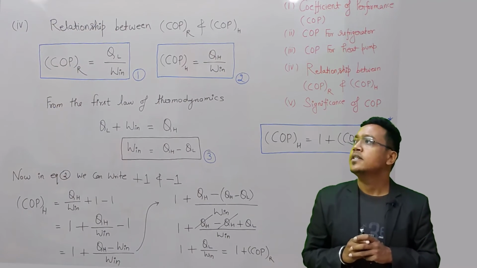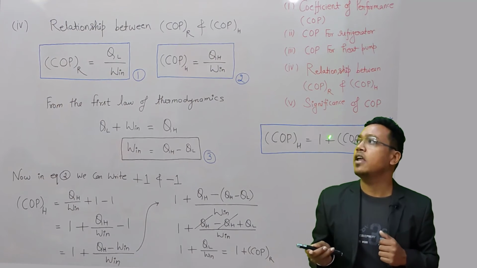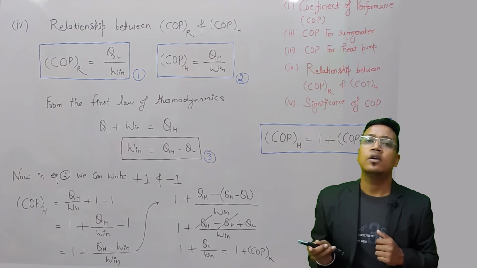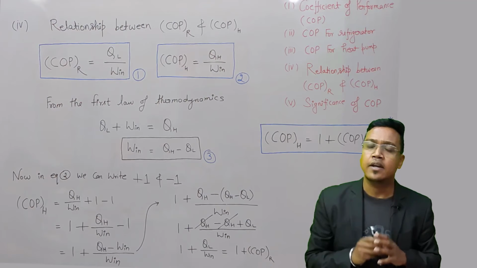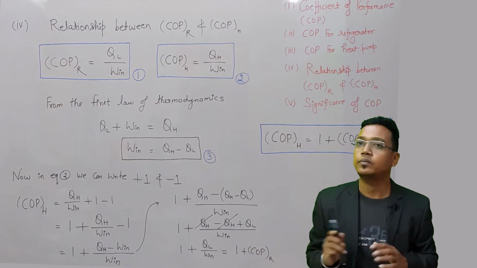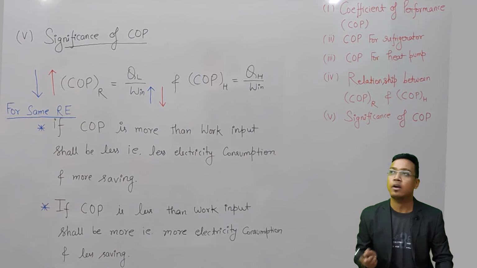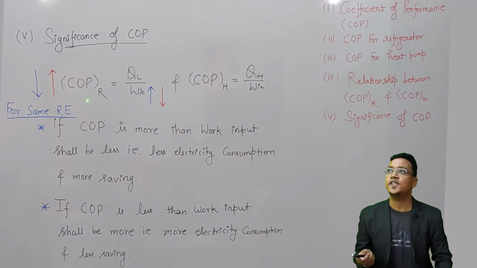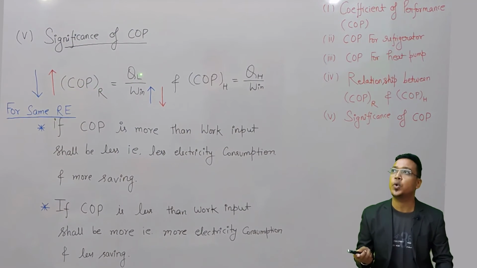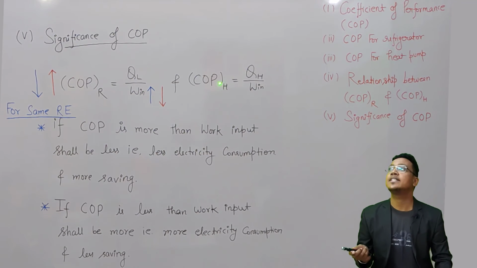Now we will see the significance of COP. COP has some significance, and this thing we will see now. So friends, let's see the significance of COP. COP of refrigerator, I have already explained, is QL divided by work input, and COP for heat pump is equal to QH divided by work input.